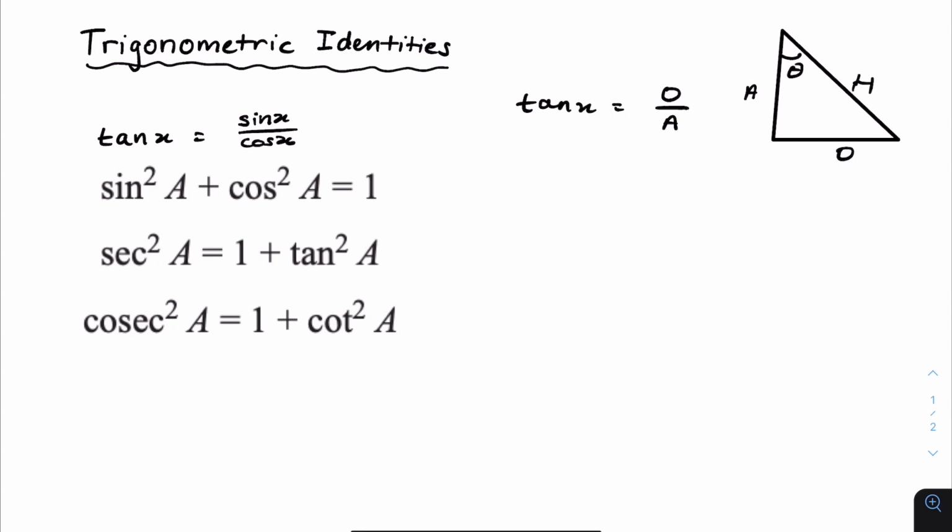So tangent is opposite over adjacent. We also know that sine x is equal to the opposite over the hypotenuse, and cosine of x is equal to the adjacent over the hypotenuse. So I'm going to show that doing sine x over cos x should give you tan x.